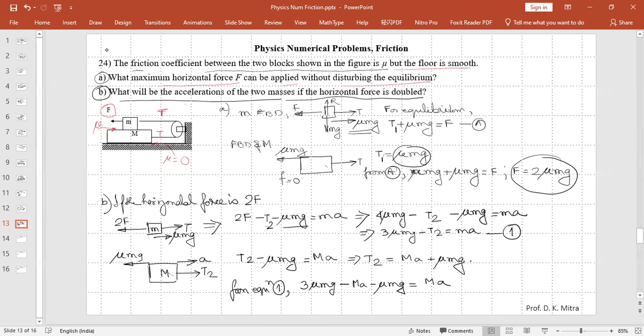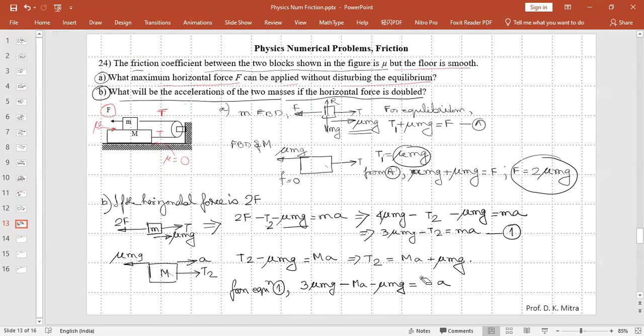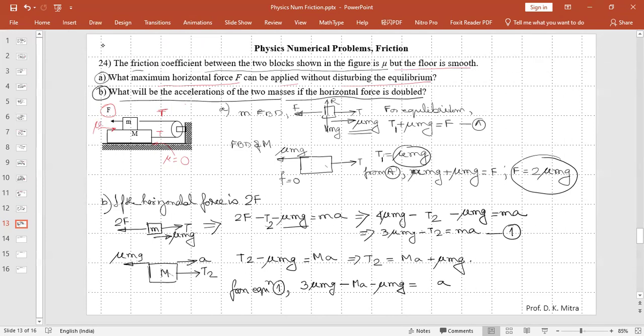Sorry, this was small m A. The equation here was small m. This we are using equation 1, which is small m A. From here we find 2 mu small m g is equal to capital M plus small m into A. So what is the acceleration?